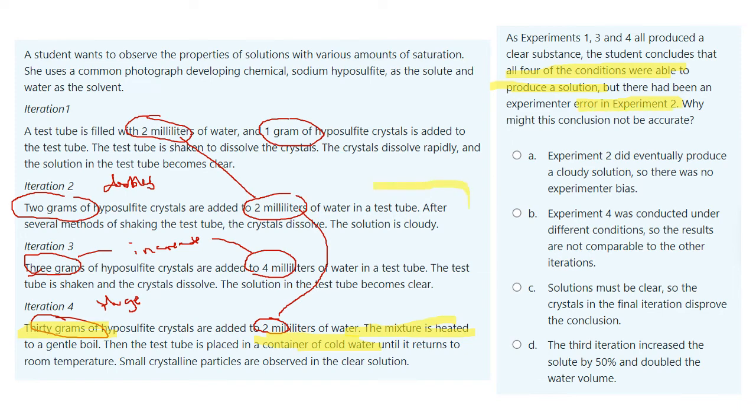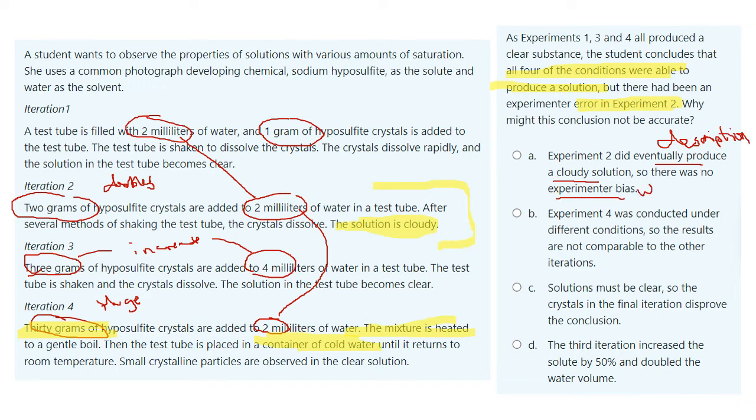She's thinking that experiment 2 has an error because there is a cloudy solution. Well, experiment 2 did eventually produce a cloudy solution, so there was no experimenter bias. That cloudy solution is a description. No experimenter bias is not supported.